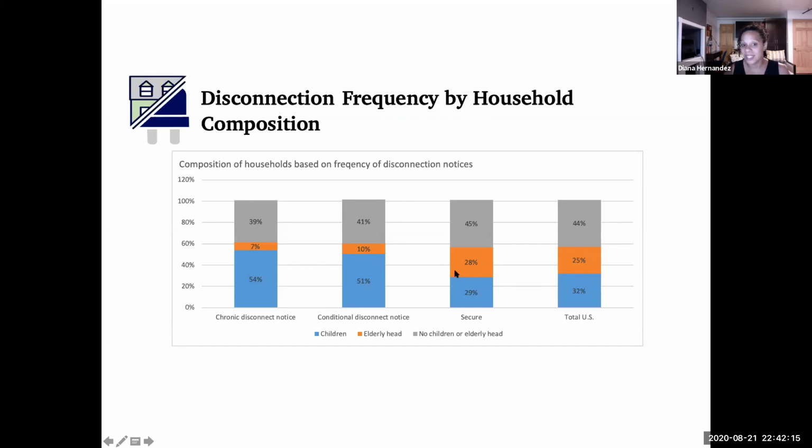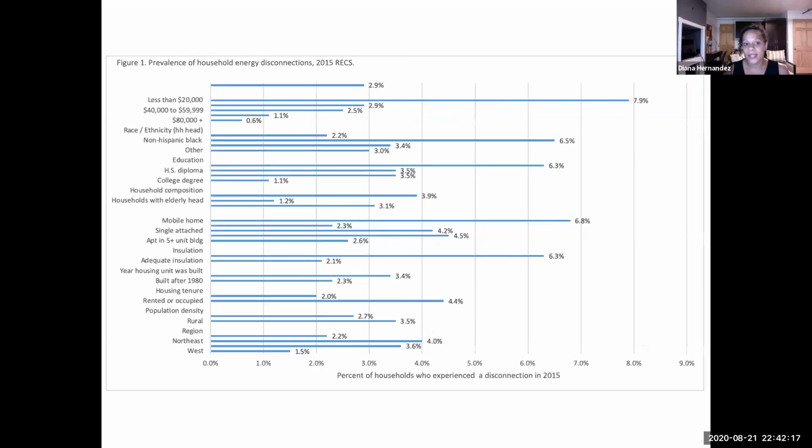So these are just the disconnection notices. We'll get into disconnection. We found that almost 3% of the population has experienced a disconnection at some point in the last 12 months in 2015.